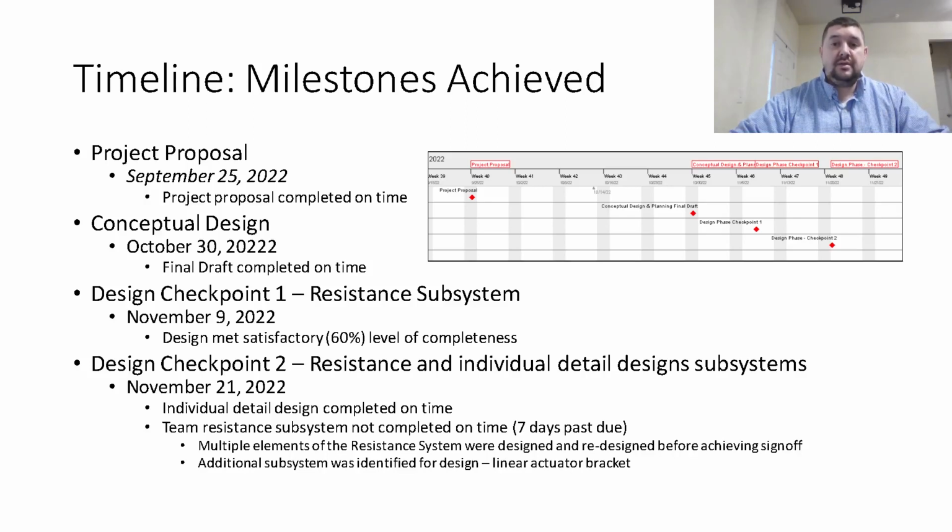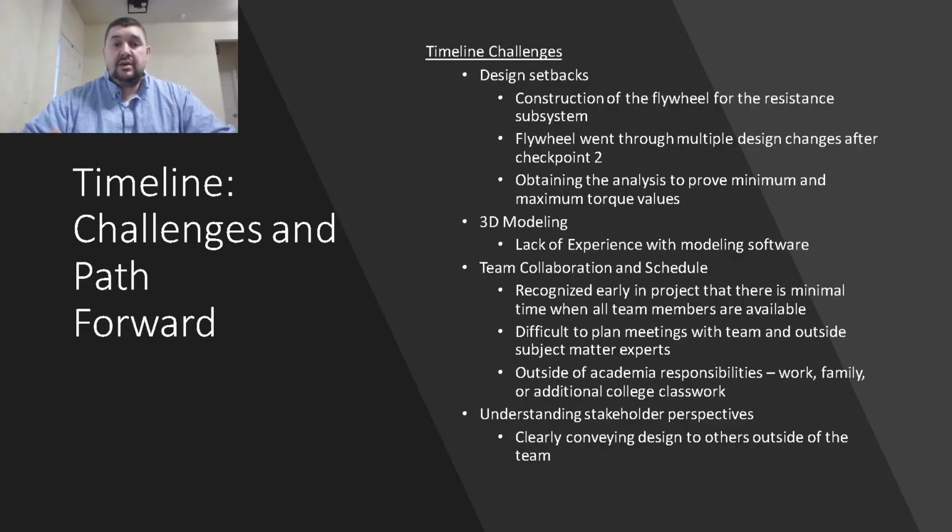We had some challenges on this portion of it, and we were actually 7 days past due for this checkpoint, mainly because of the team design challenges that we faced. Going further on that, some of the setbacks we had were the flywheel of our resistance system. We actually had 4 different designs.